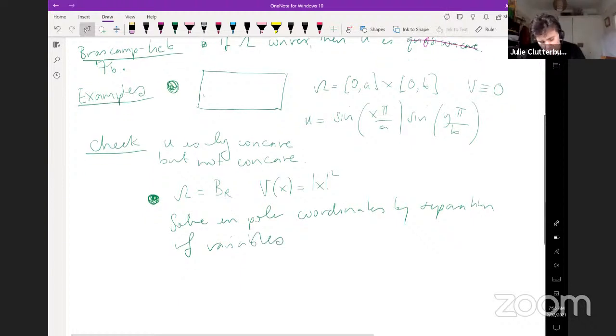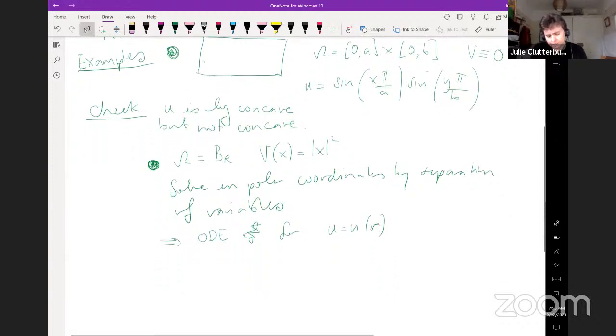And when we do this, we get an ODE for u just as a function of r. And we can use ODE techniques then to show that it's concave.